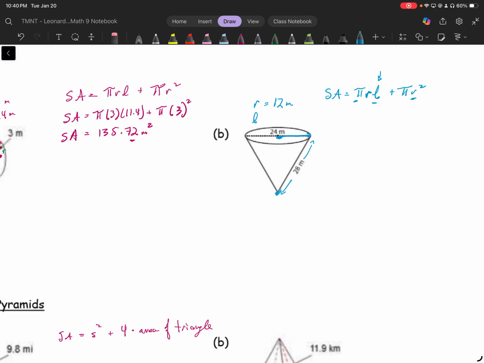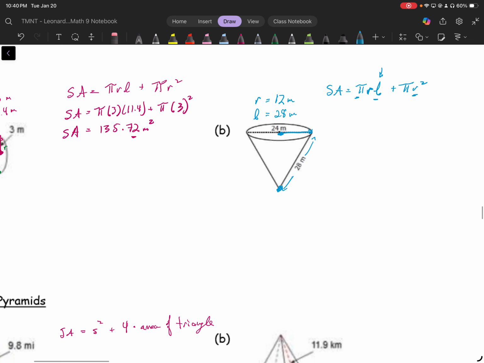It's L. My L is that lateral distance from the point of the cone to the base. So my L here is 28 meters. So simply, I'm just going to plug it in. So S, my surface area, is equal to pi times 12 times 28 plus pi times 12 squared.